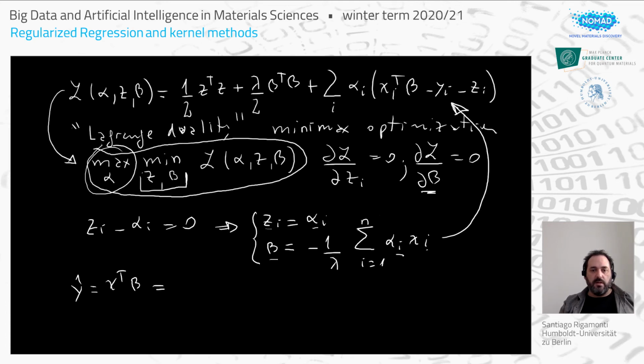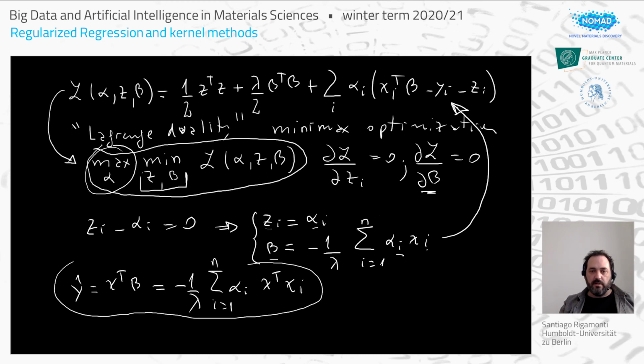If you use this solution, this can be written as 1 over lambda times the summation from 1 to n of alpha i times x transpose xi. This is actually quite interesting, and we can already see why this is called kernel regression.